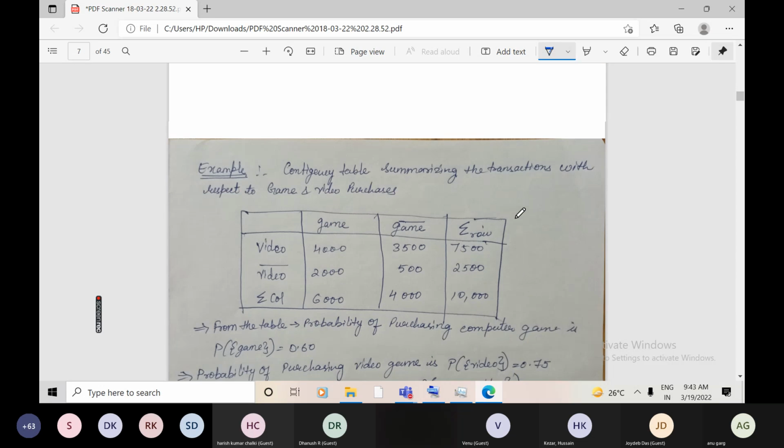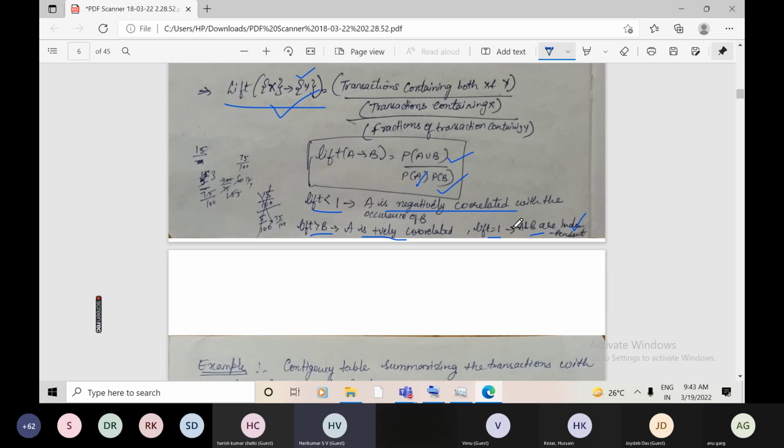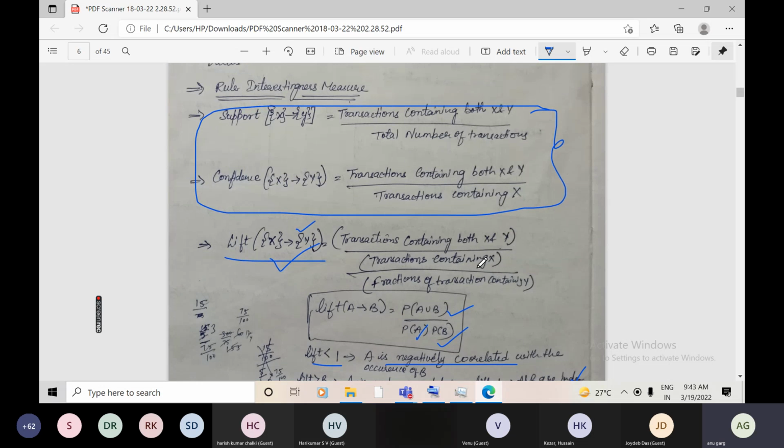One question. Is this lift the ratio of the above two things, like support? It is something like that. One more formula I have written: transactions containing both X and Y divided by transactions containing X. That is confidence, the numerator. And the fraction, confidence by support, is lift.